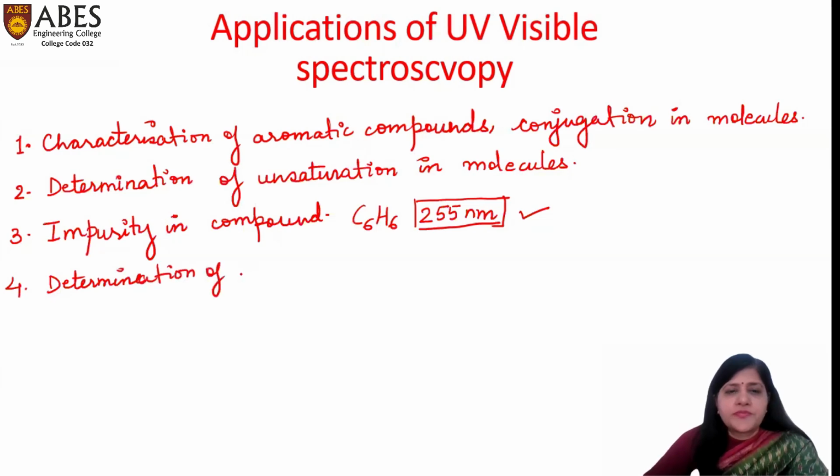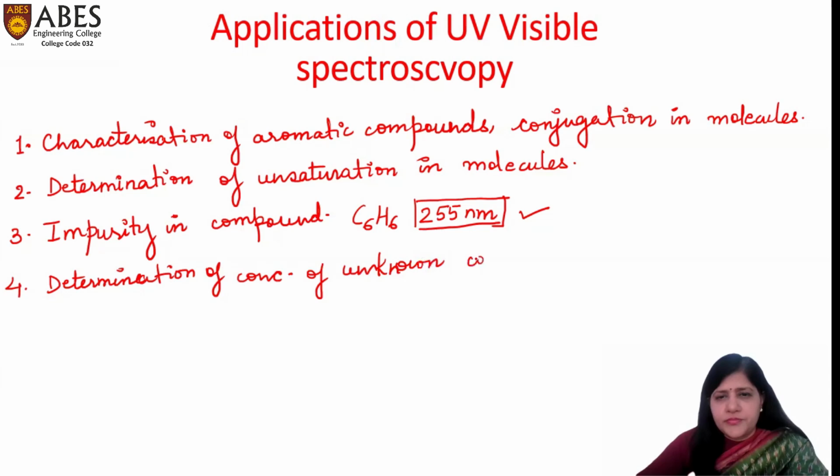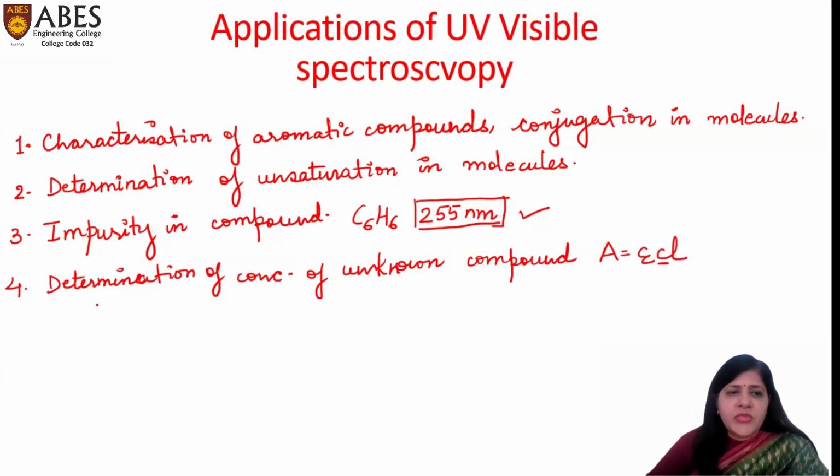determination of concentration of unknown compound by using Beer-Lambert's law. With the help of UV visible spectroscopy, we can also determine the molecular weight of an unknown compound, molecular weight determination by using Beer-Lambert's law.